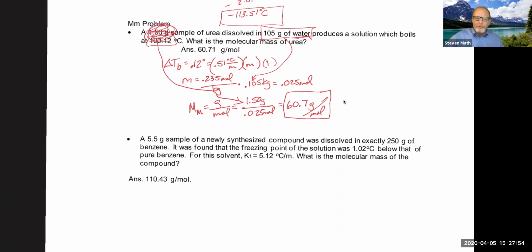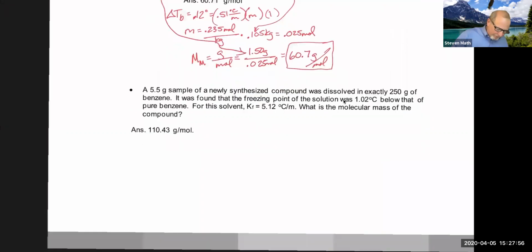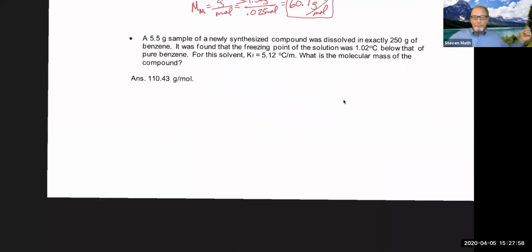Let's do another one of those. Here we've got a 5.5 gram sample of something. I'm going to use that 5.5 at the end. In this case, it's not in water. This is in pure benzene, but they gave us the change in temperature. They said that it was found that the freezing point of the solution was 1.02 below that of the pure benzene.